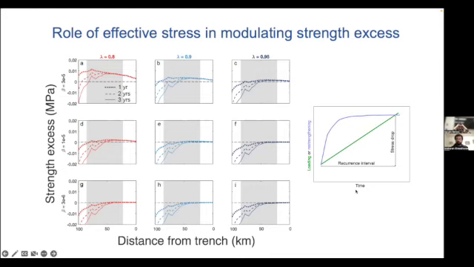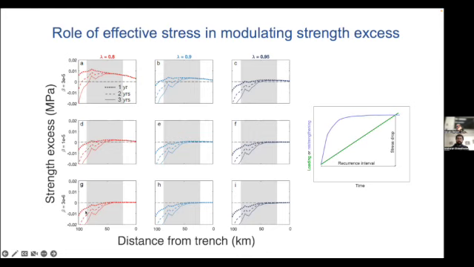What that does is basically it modulates the amount of healing over time, because remember, healing in this framework is a product of the healing rate times effective stress. So for pore pressures that I've arbitrarily chosen, to be 0.8, 0.9, and 0.95, I'm showing you this sort of plot for different healing rates.